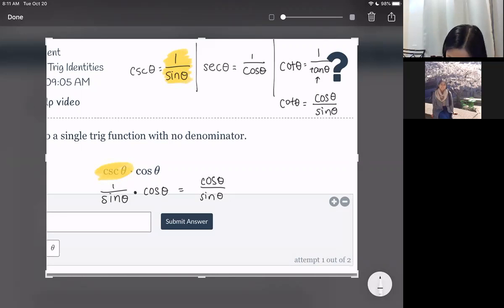So since we have cosine over sine in our problem, this is equal to cotangent. Now that we've simplified our original statement into a single trig function without a denominator, we are good to go. We have cotangent of theta as our final answer. Do you guys have any questions on this one?